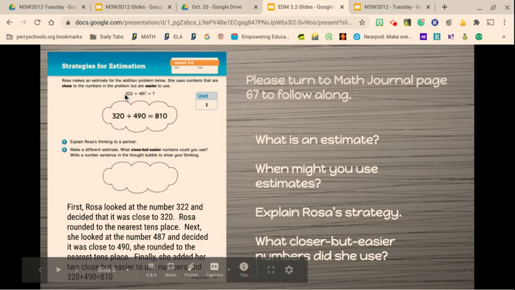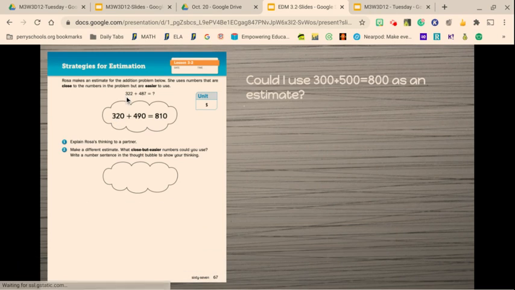So I'm going to look at what number this is in the hundreds place, and I could use this 3. If I were to think about it on a number line, I would have 300 to 400. So 322 is either going to be 300 or 400. I just look at the number that is in the hundreds place and I keep it, and then I add one more. So it's either 300 or 400.